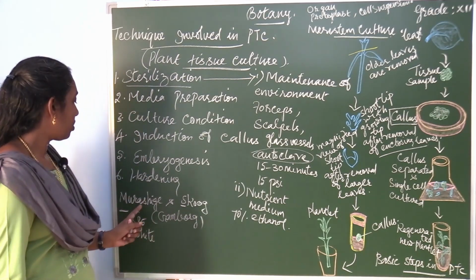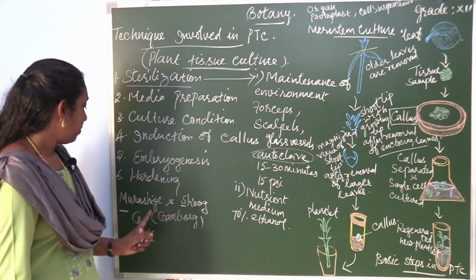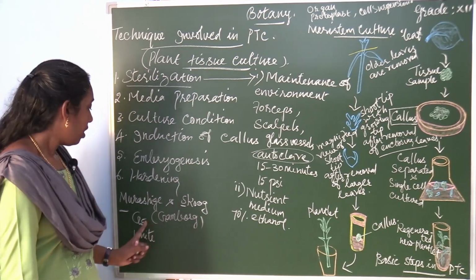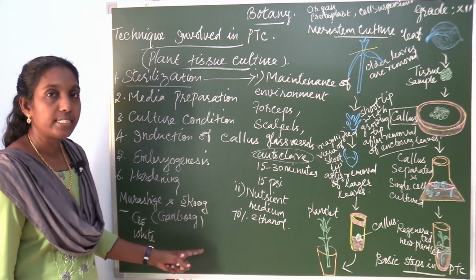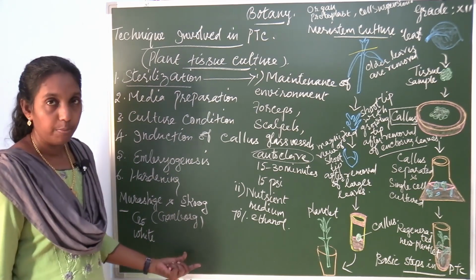The common medium used is Nitsch medium. So Murashige and Skoog medium, B5 medium, White medium, or Nitsch medium can be used.